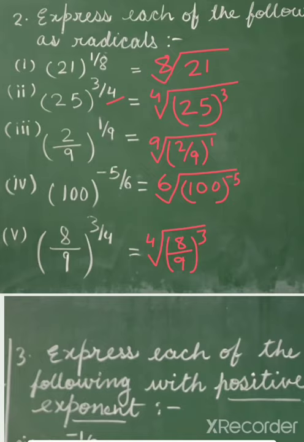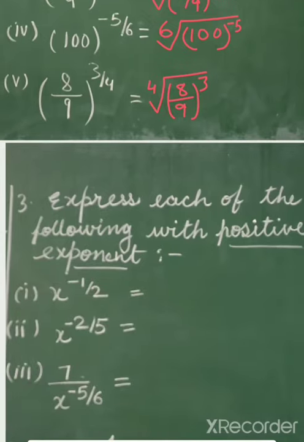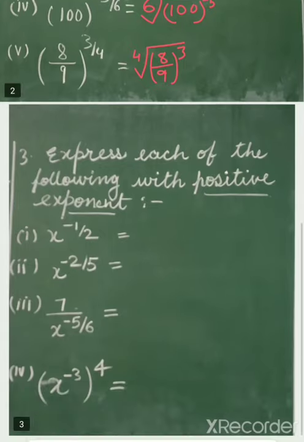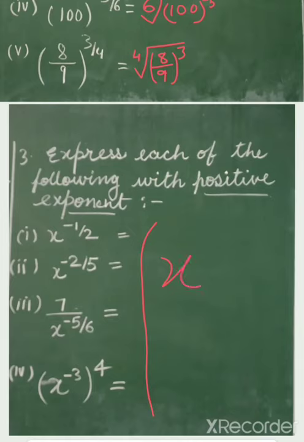Now we have question number 3. Express each of the following with positive exponent. You can see that all the exponents are given negative values. We have to write them in positive exponent. So we apply the formula x to the power minus m. Let me remind you the formula here. x to the power minus m is equal to 1 by x to the power plus m.